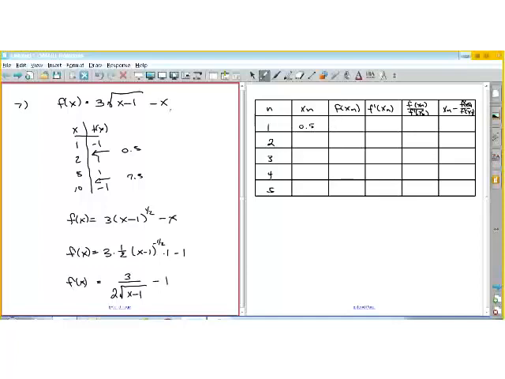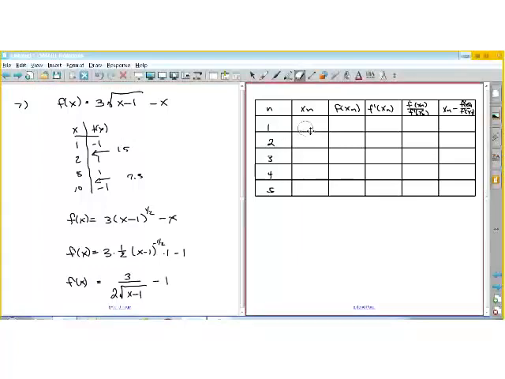So if we plug 0.5 into the original equation, we'll have 3 times the square root of 0.5. Excuse me, let me sneeze. Okay, so we get 3 square root of 0.5. Did I just write 1.5? You might have been wondering why I did that. I don't know why I did that.